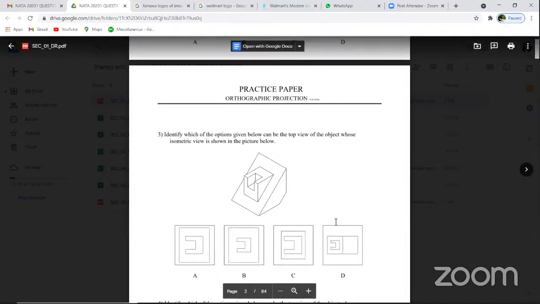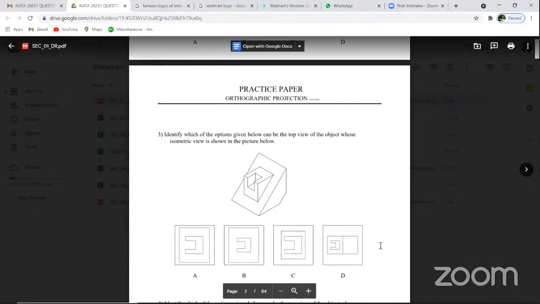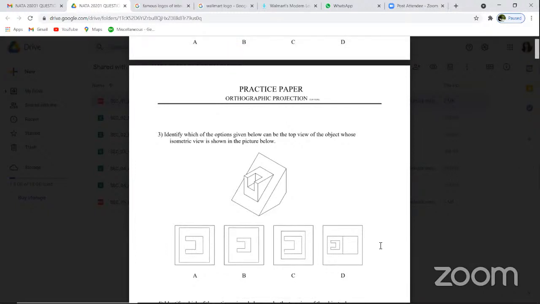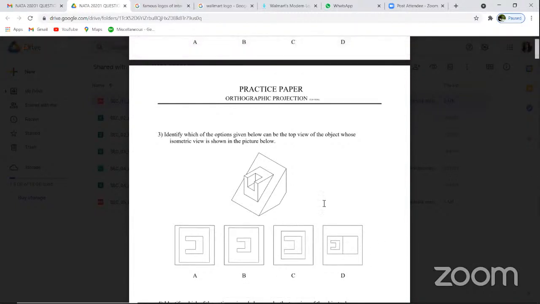Wait, anybody thought something? I think this C shape should be closed. Which one are you saying, the third option, C option? According to me, no option is correct. Can you tell me why?